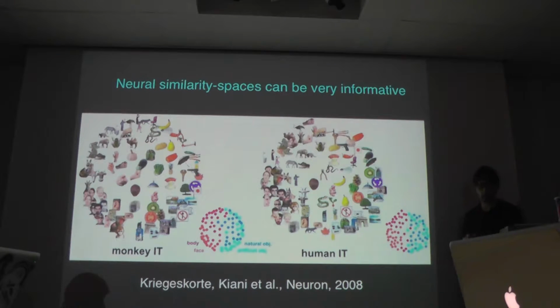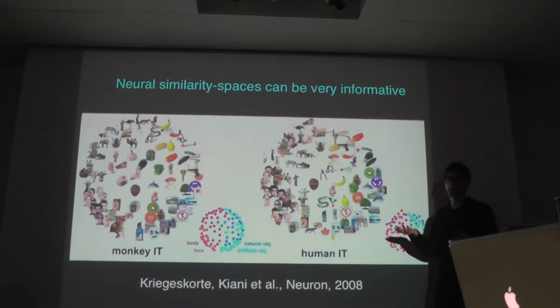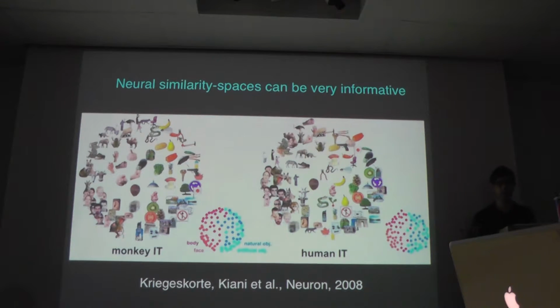So what you have is 96 different pictures, and every picture has an activation pattern associated with it. If you look at the similarity of each picture to each other picture in terms of their neural activations, you've got a big 96 by 96 matrix, which is thousands and thousands of similarity values.